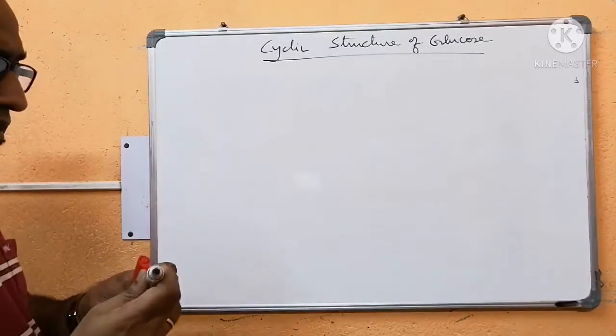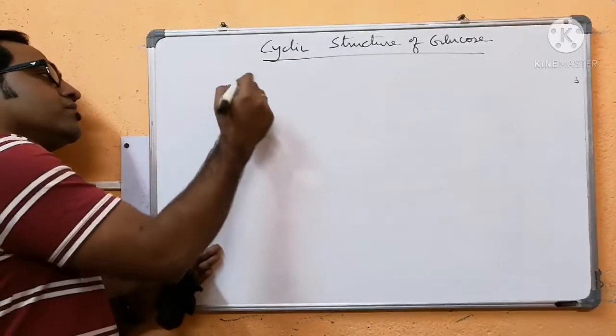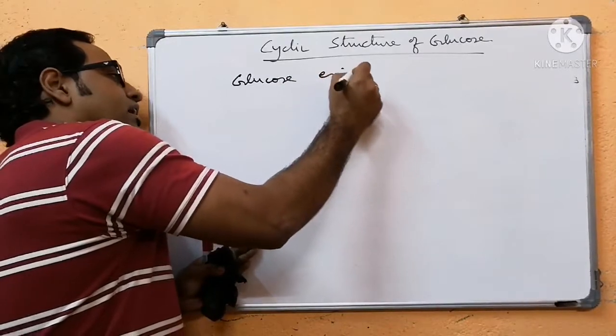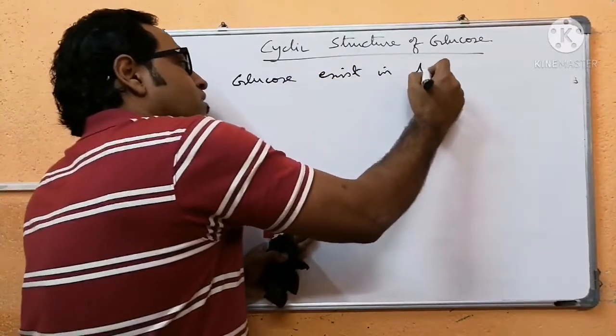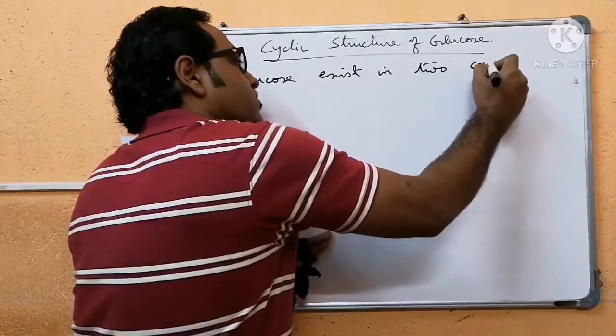Now glucose exists in two crystalline forms.